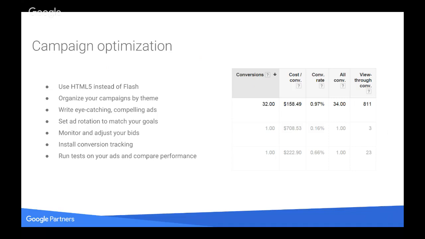And keep monitoring and adjusting your bids on this basis. You can also run tests in your ads. You can run A/B experiments, or you can run just tests in your ads to see if a certain demographic or a certain audience type is responding more to certain creatives or to certain styles. So it's largely all about being on top of your data, making sure you're seeing what the data is telling you, the story that the data is trying to weave, and then optimizing your campaigns accordingly.